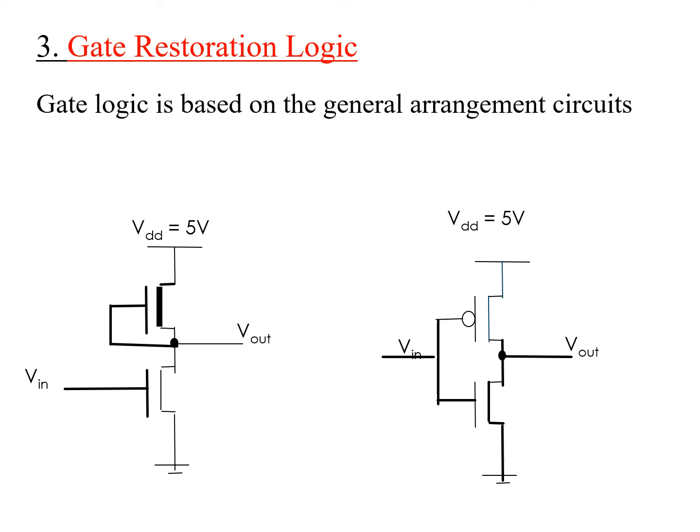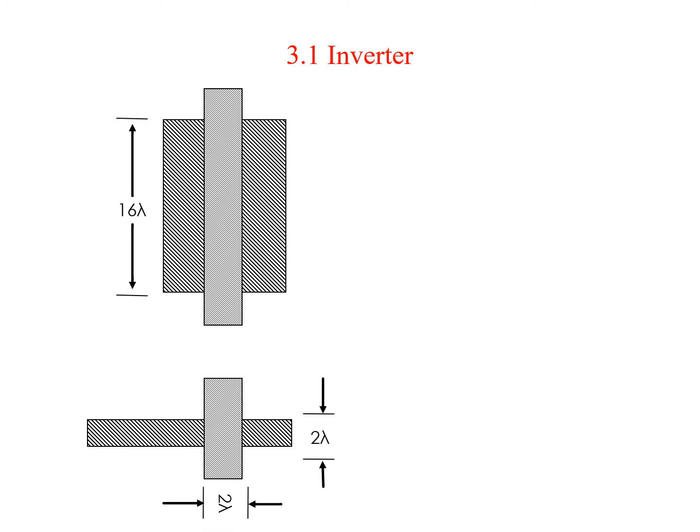Here I am going to take the layout for your inverter. In this case we are interested in checking what the ratios of your pull up and pull down transistors are.